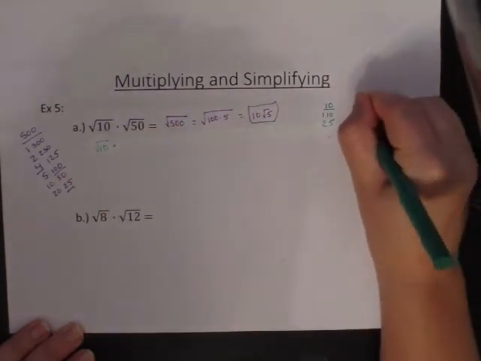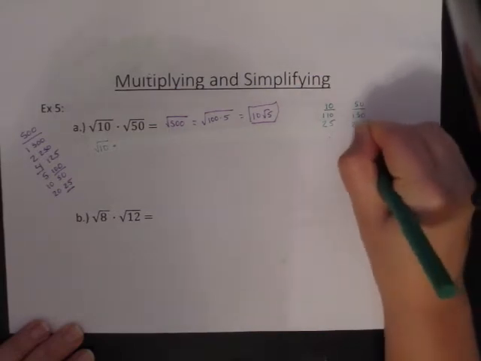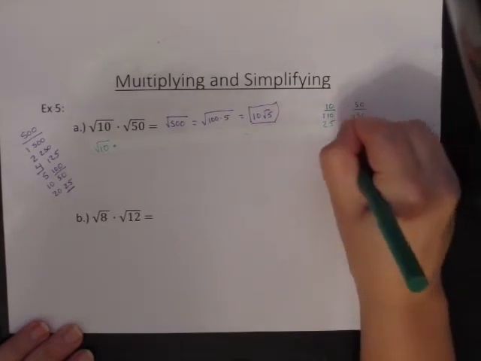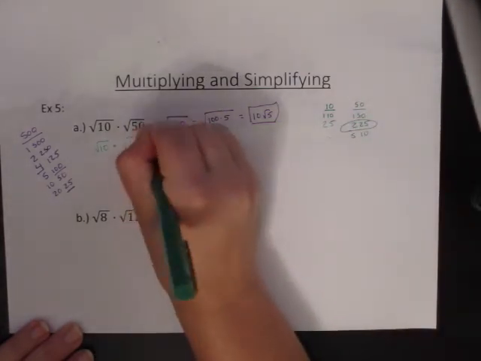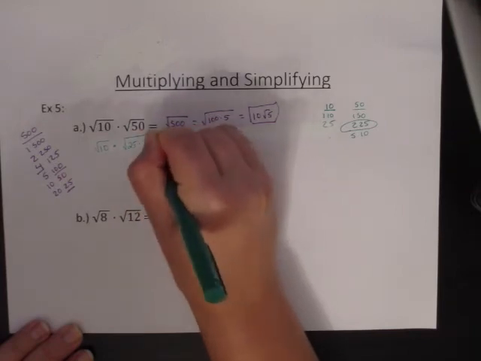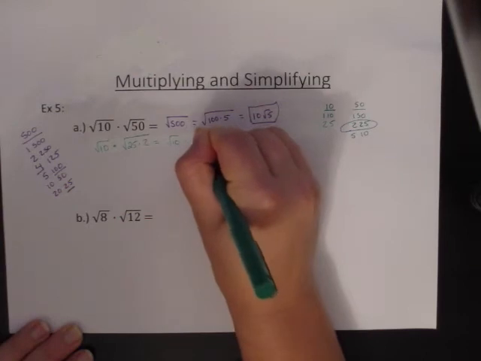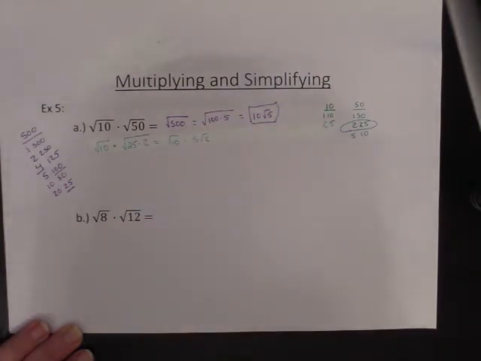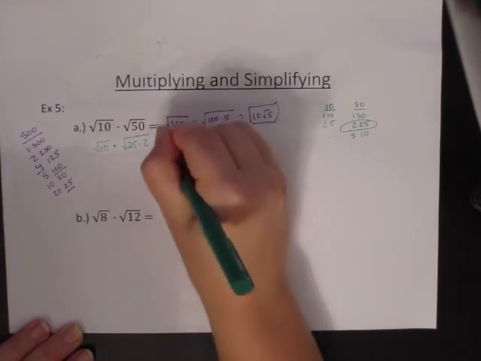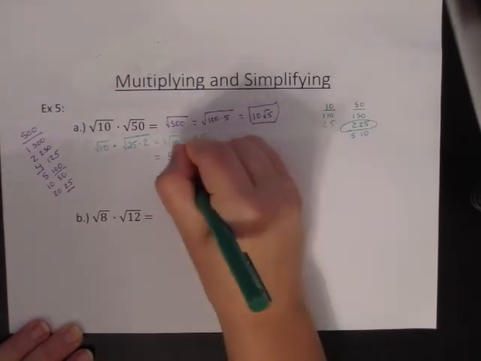Then I find my factors of 50, so that would be 1 and 50, 2 and 25, and then 5 and 10. 25 is a perfect square, so I could take the square root of 25 times 2. So when I clean that up, that would be the square root of 10 times 5 square root 2. Then I would multiply them together. So this is like 1 times 5, so that would just be 5. 10 times 2, which would be 20.